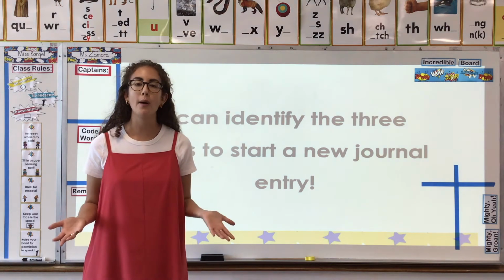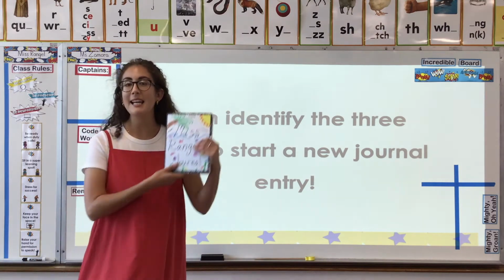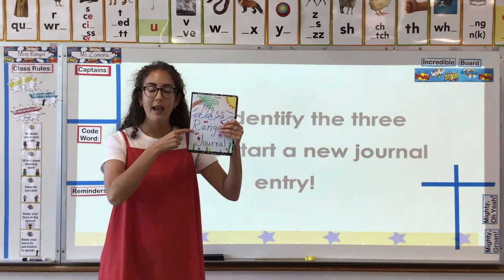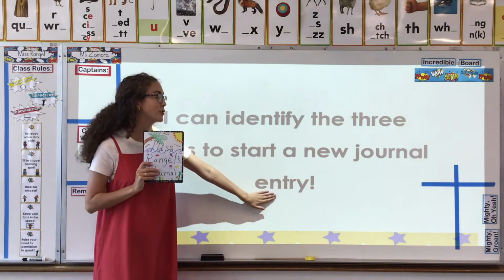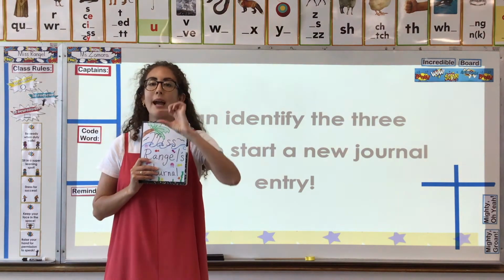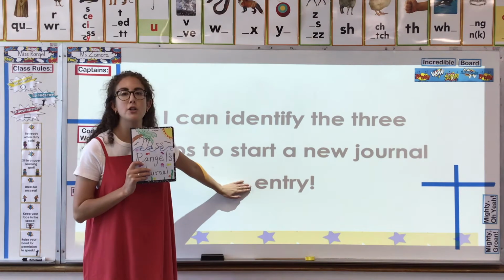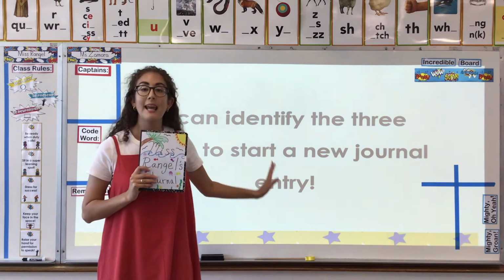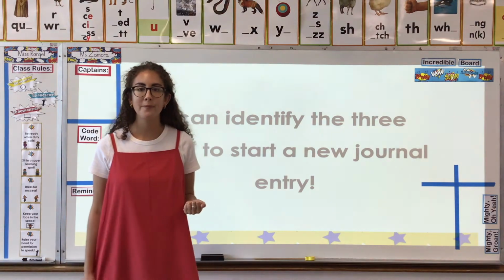You are going to answer that question by writing in your journal. Every answer that you write is called a journal entry. It's when you enter your journal and you write each day. So each new day, you will have a journal entry. It's an answer to the prompt that we ask you each day.